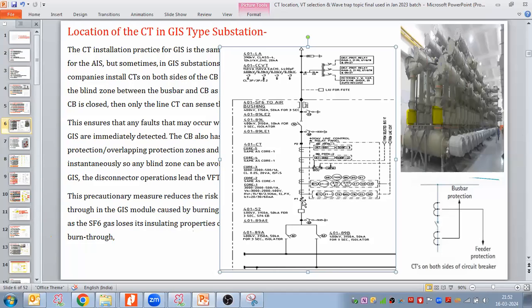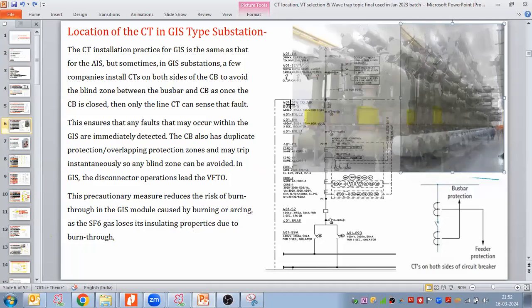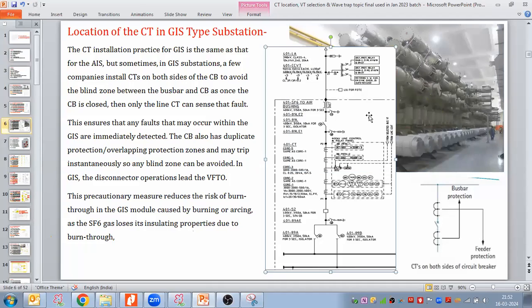So in this GIS also, the CT is after the breaker, but there is one more approach also followed. In that approach, the CT is placed on both sides of the breaker. Could you see this? I took a snapshot of a GIS model.